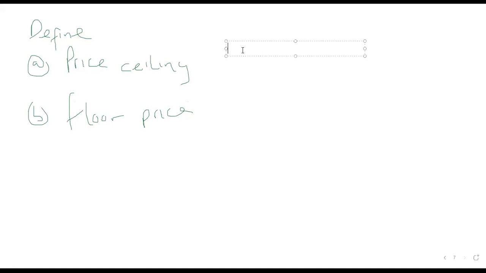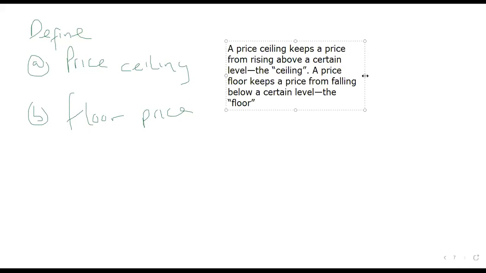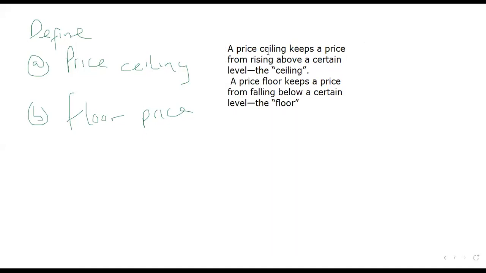I said price ceiling keeps the price from rising up above a certain level, which is called the ceiling. And price floor keeps the price from falling below a certain level.